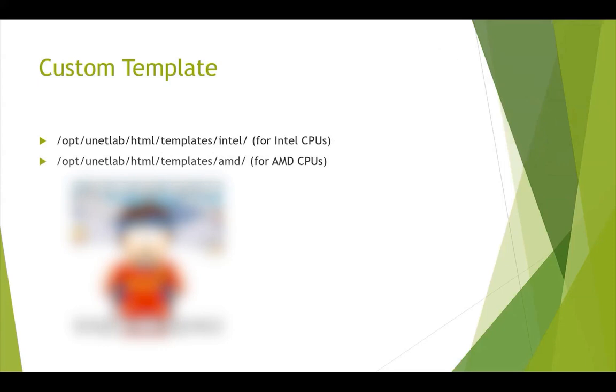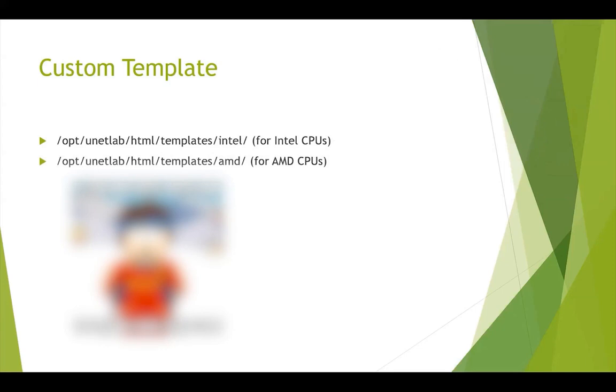If you have an AMD server, the templates AMD folder is the one that you want to use, because in the templates you're also giving the CPU some CPU flags. That is why we have an Intel section and an AMD section, because it doesn't make sense to give an AMD CPU some Intel code to run, because obviously that will not work.